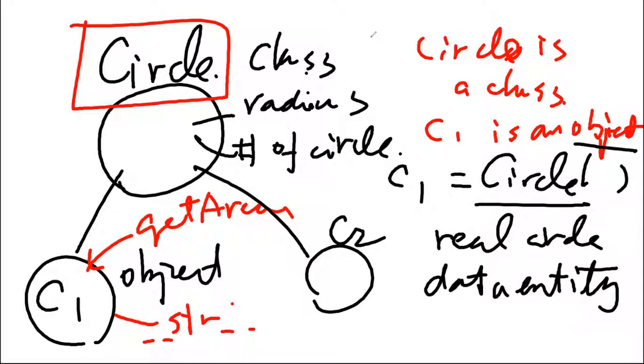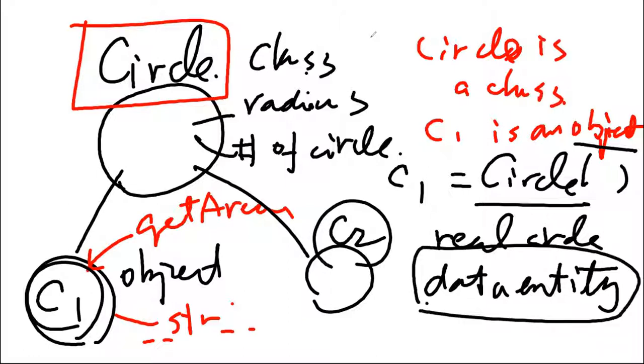You really need to go back to your previous chapter to review it, okay? In chapter 4, we actually discussed this before. So you have the C1, C2, they actually are data entities, and they are actually objects.